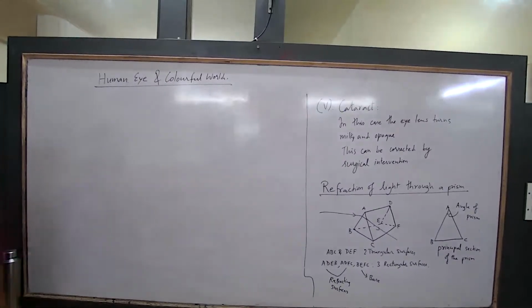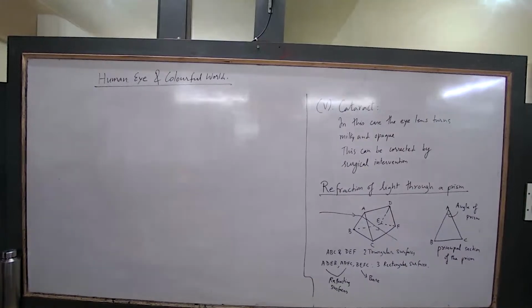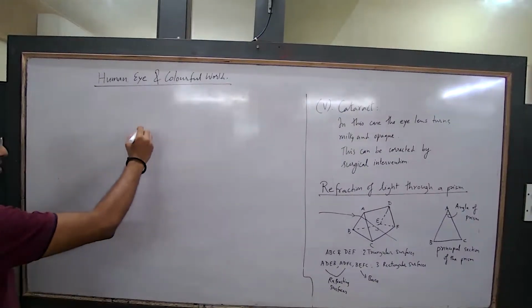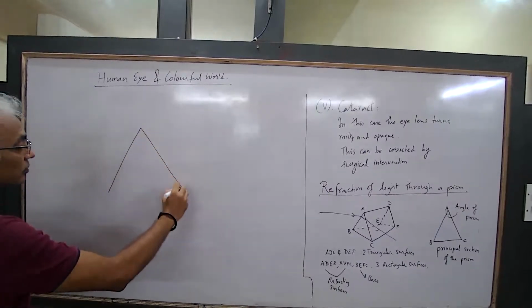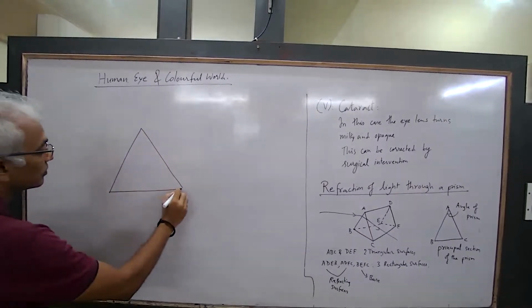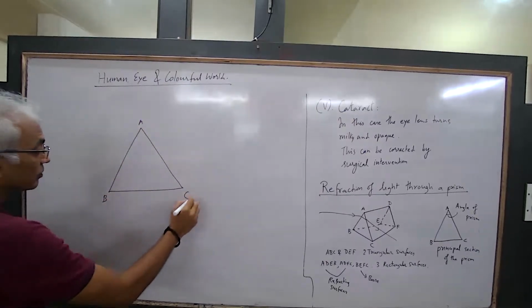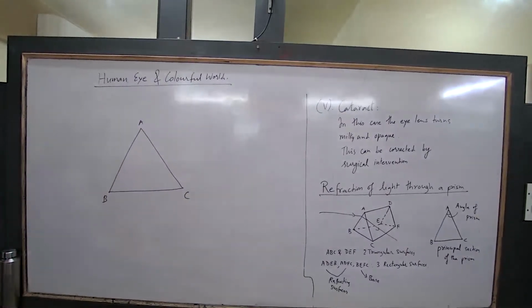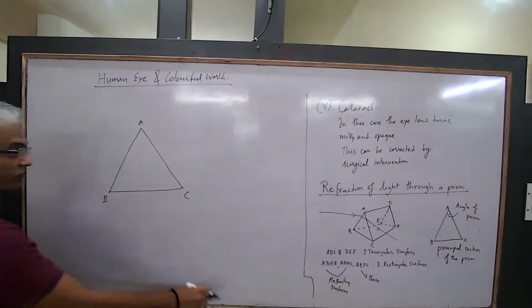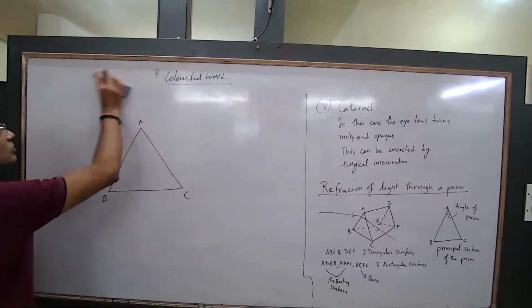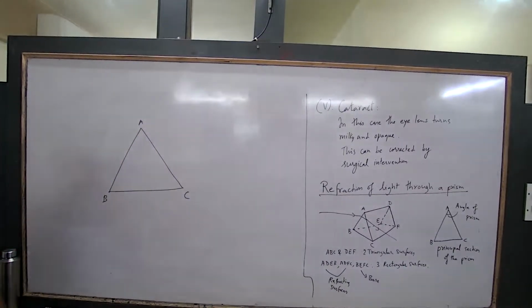Now we are going to draw the ray diagram to understand refraction of light through a prism. So everybody draw this ray diagram. Sometimes the question may be asked just to draw the ray diagram to show the refraction of light through a prism.